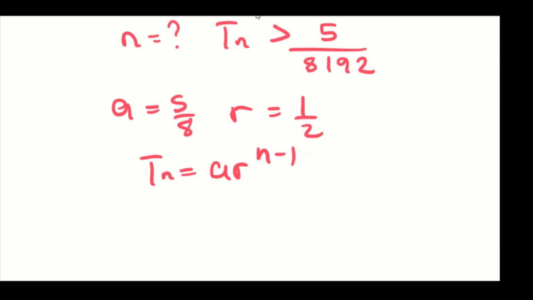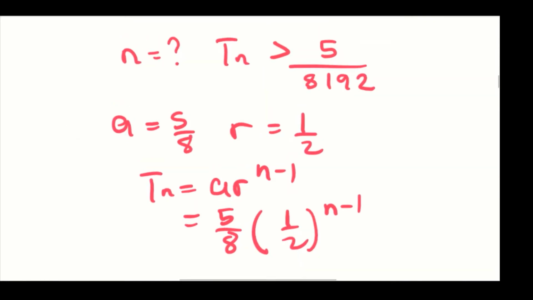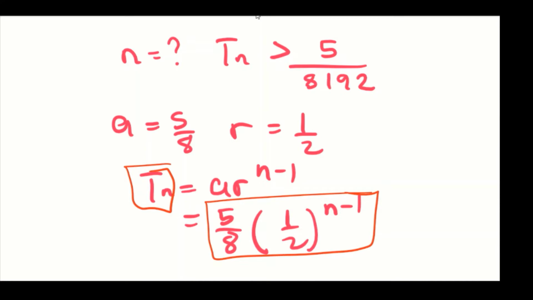In this case, to find Tn, our a value is 5 over 8, and r is 1 over 2 to the power of n minus 1. We are looking for n. So we can simply substitute this Tn into here.